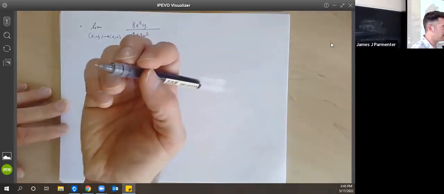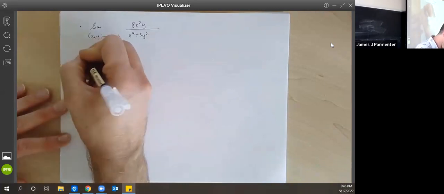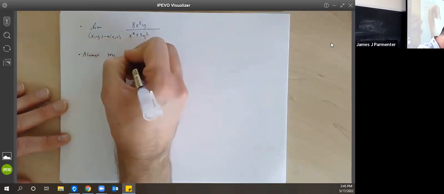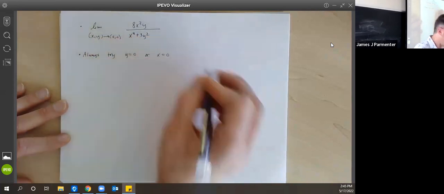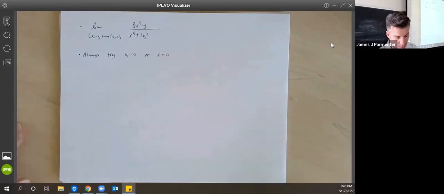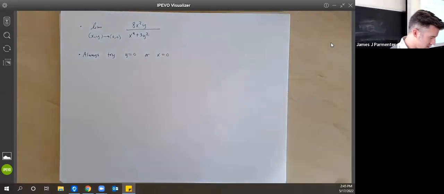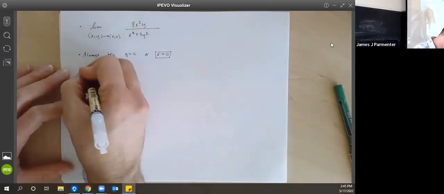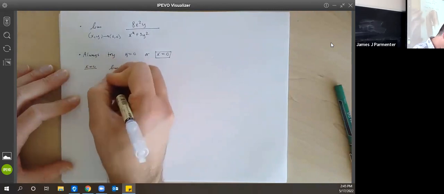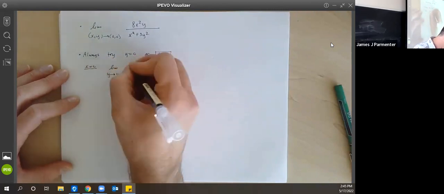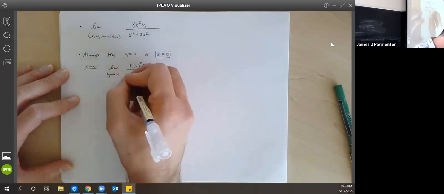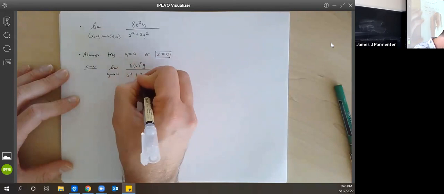I always recommend you should always try y equal to 0 or x equal to 0. I feel like people overlook this one, but it always will give you something. Often it will give you 0. So let's try x equal to 0. Then I'm going to get the limit as y approaches 0 of 8 times 0 squared times y over 0 to the 4th plus 3y squared.